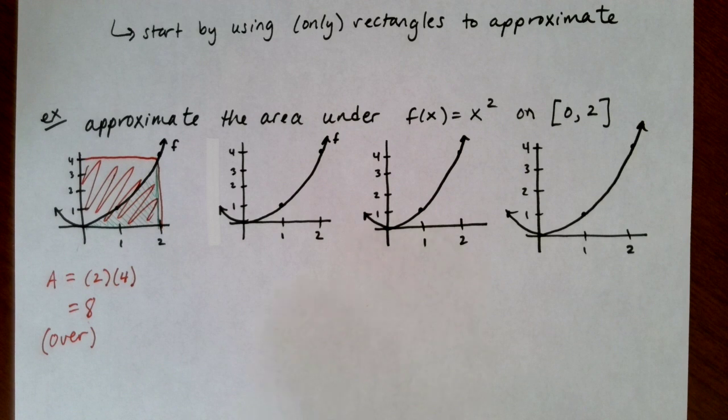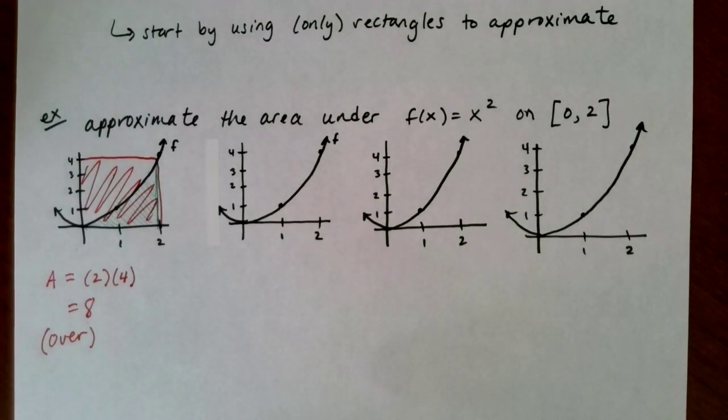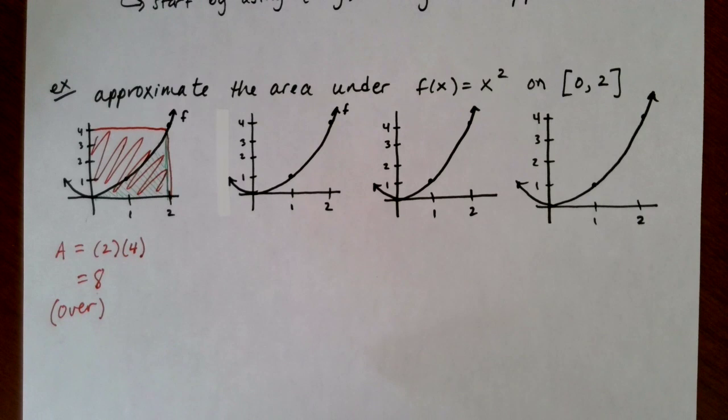Because this is such a wild overestimate, let's stick with the same theme, but try to reduce the error in our approximation. If we can only use rectangles, why don't we just use more rectangles?